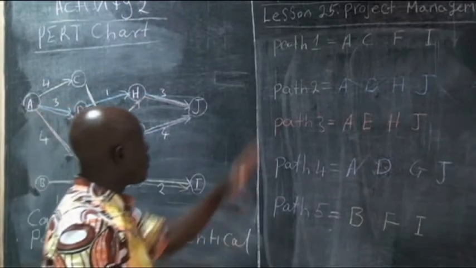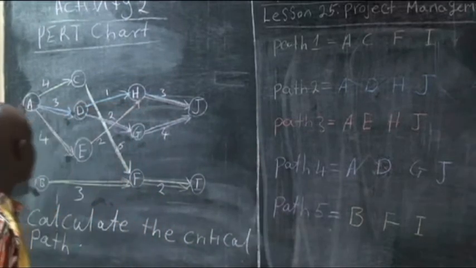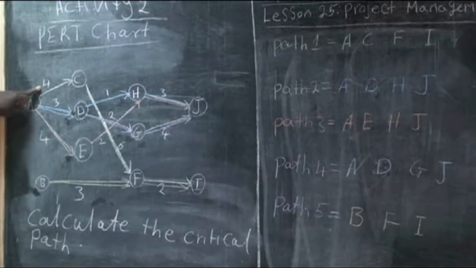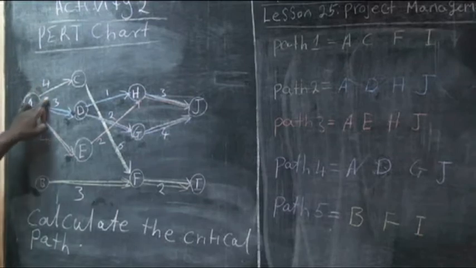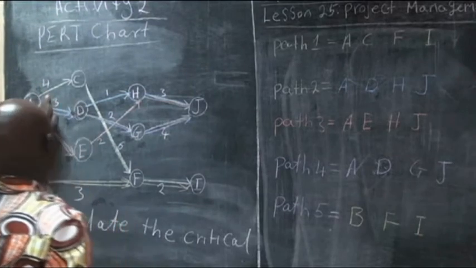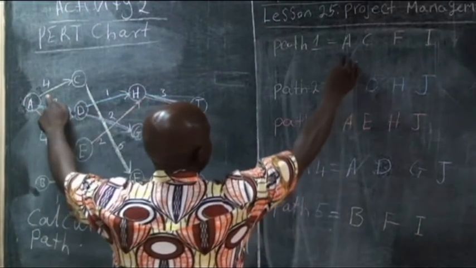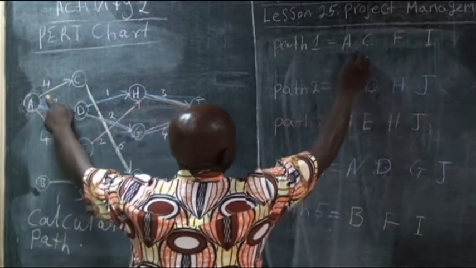Now, after obtaining the paths, we identify their duration, what is written beside the lines that connect the various nodes. So path 1, A to C is 5.